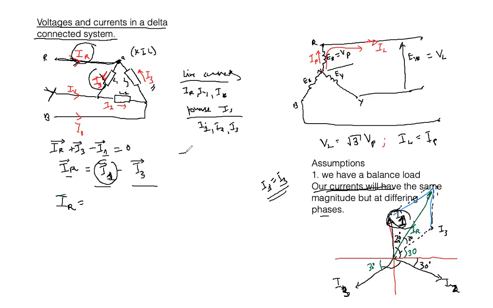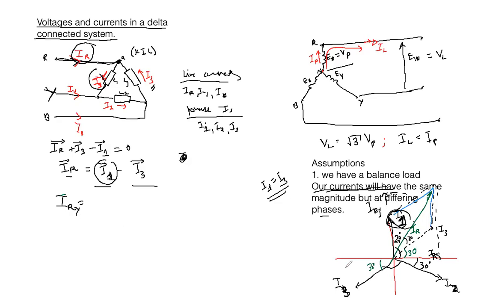So we can just say our IR in the Y. Remember, these are IR. IR has a Y component here, and it also has an X component there. So IRX and IRY.